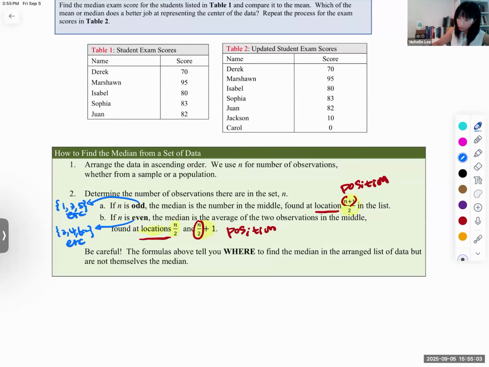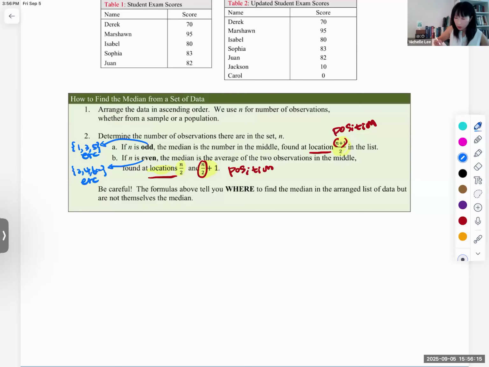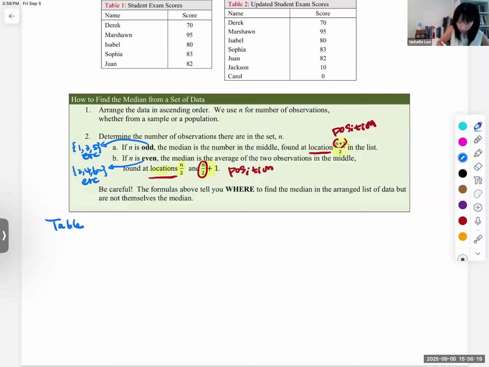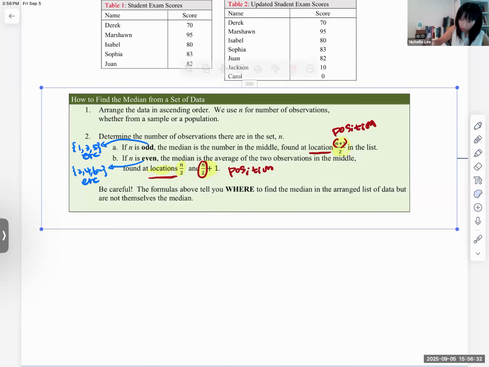Okay, let's do table number 1. The median for table 1.